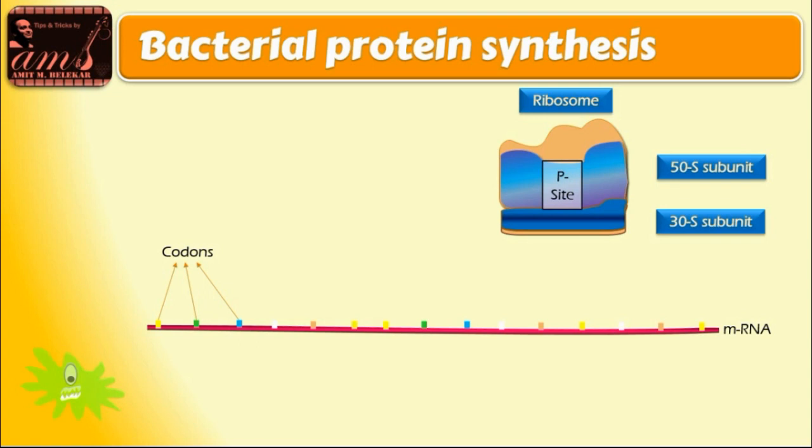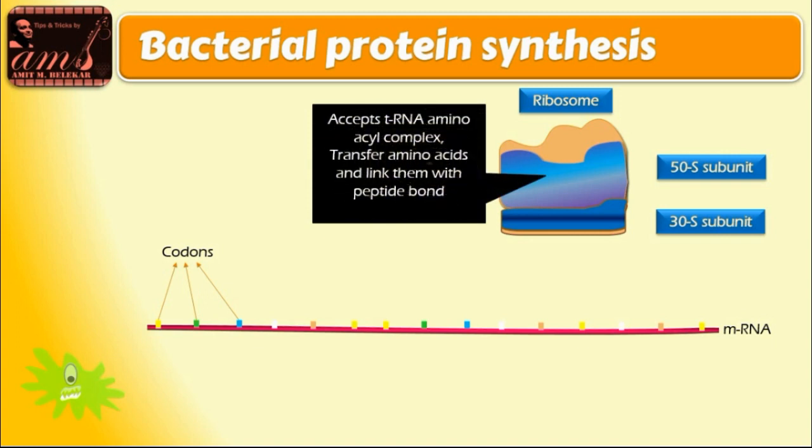The transferred amino acids join together by peptide linkage. The third site is called the E site, or exit site, from which tRNA leaves the ribosome.